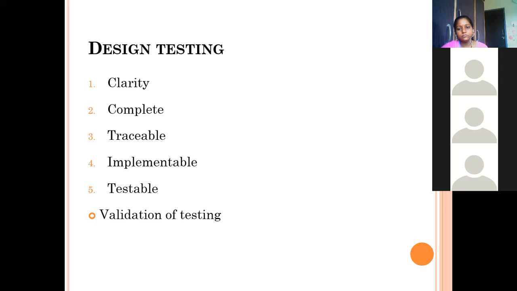Okay then. Next is our design testing. Whatever design has been made by the architects of your team will be tested here. How are you going to test the design?